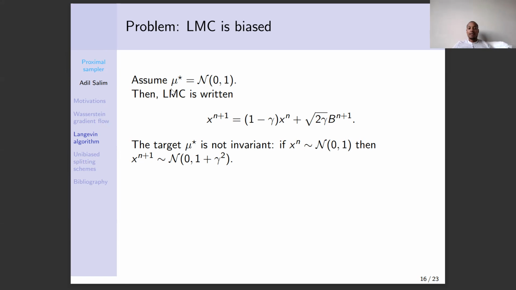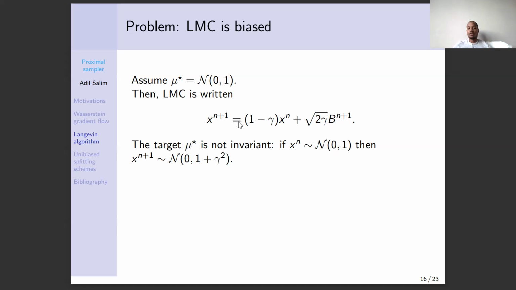So here I take mu star, which is a standard Gaussian with mean 0 and variance 1 in dimension 1. This means that mu star is written exponential minus f, where f is 1/2 of the squared absolute value in dimension 1. So the gradient of f is just the identity.